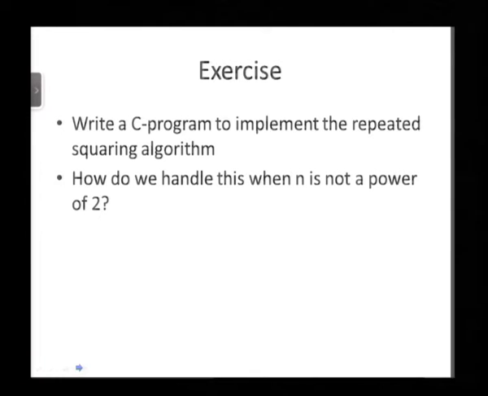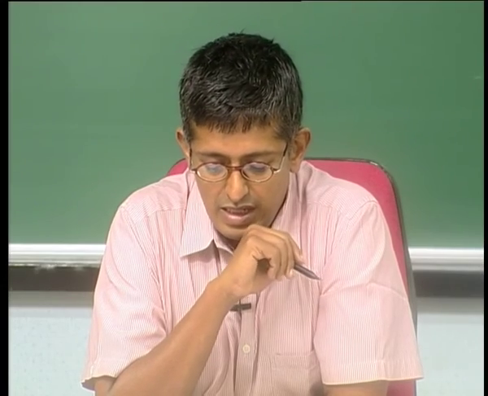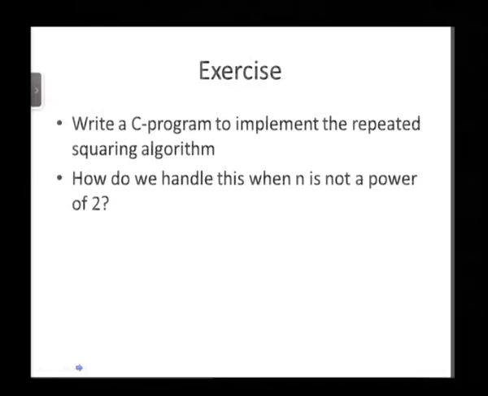As a student, it is very instructive to write a C program to implement the repeated squaring algorithm. In particular, the challenge here is to write down the loop when n is not a power of 2, and this is very interesting. So, let me give you a hint as to how to go about this. Let us assume that n is, instead of 64, let us assume that n is 65, and let us write 65 in binary.